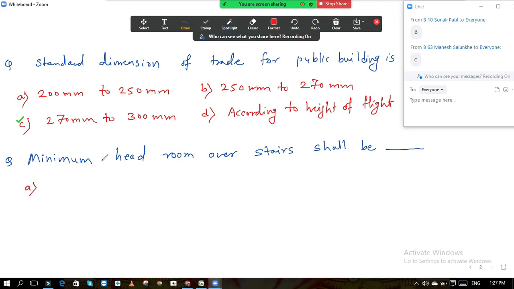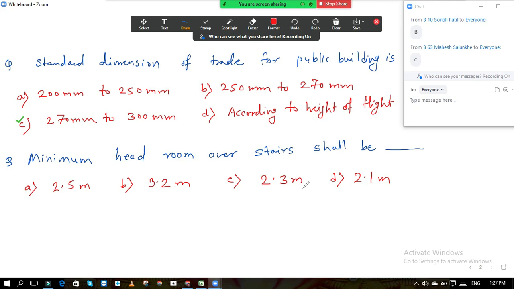Options: A, 2.5 meter; B, 3.2 meter; C, 2.3 meter; D, 2.1 meter. So these are the options. Minimum headroom over the stairs shall be.